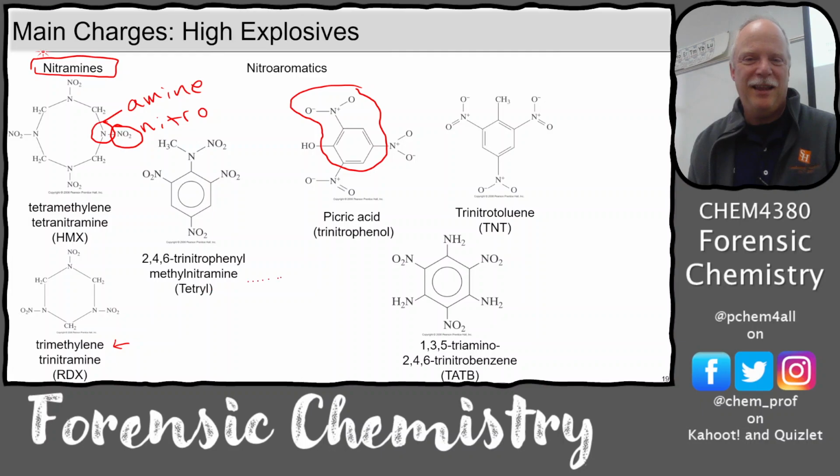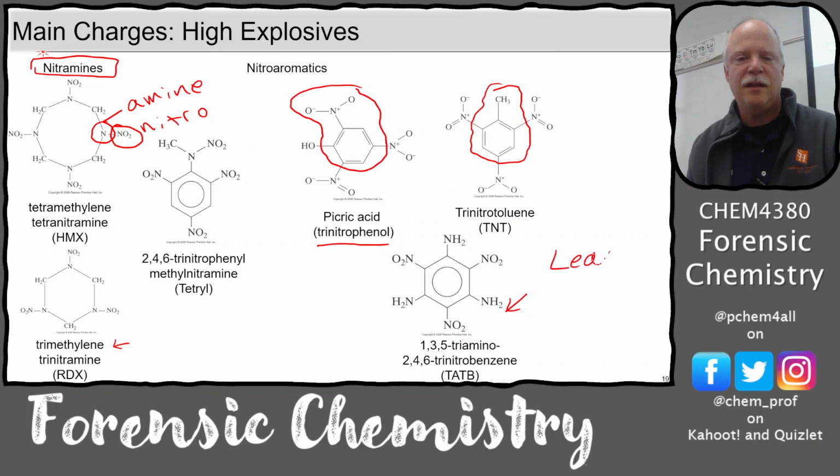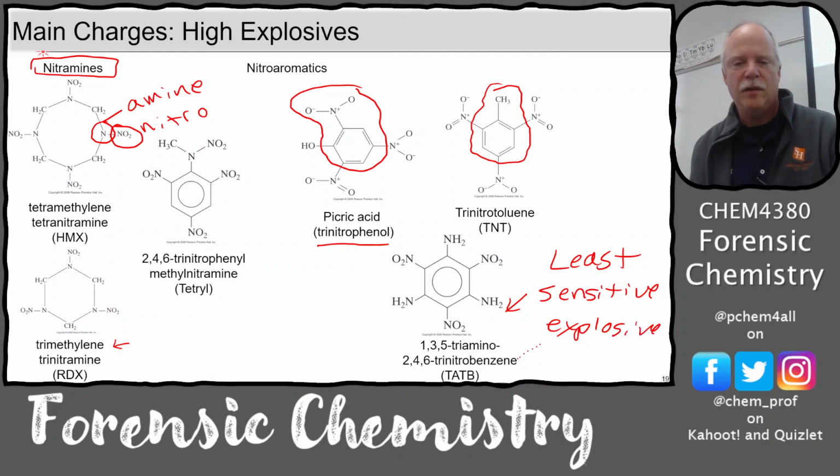Yeah. And then TNT, trinitrotoluene. You know toluene, right? It's a benzene with a methyl group on it. And so you've got 3 nitros on it. Picric acid is trinitrophenol. And then TATB, this is the least sensitive explosive, and it's on the homework, I think. And I will say most safe.